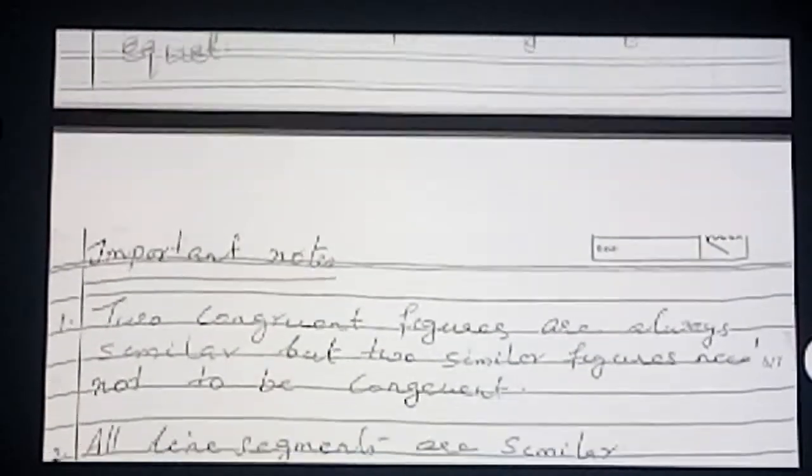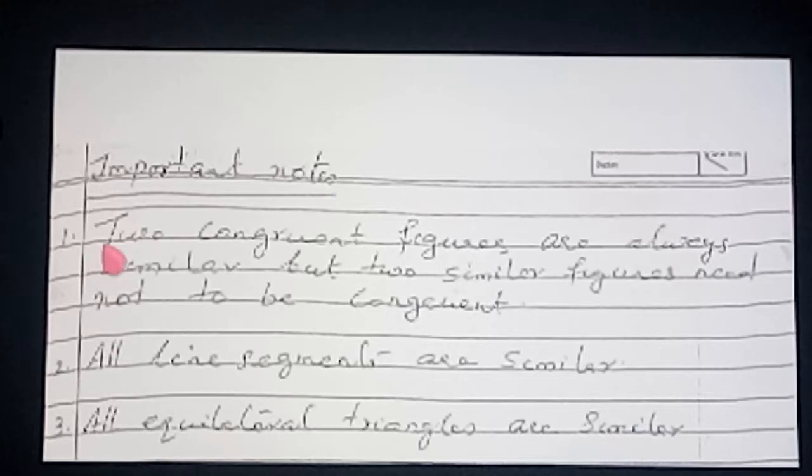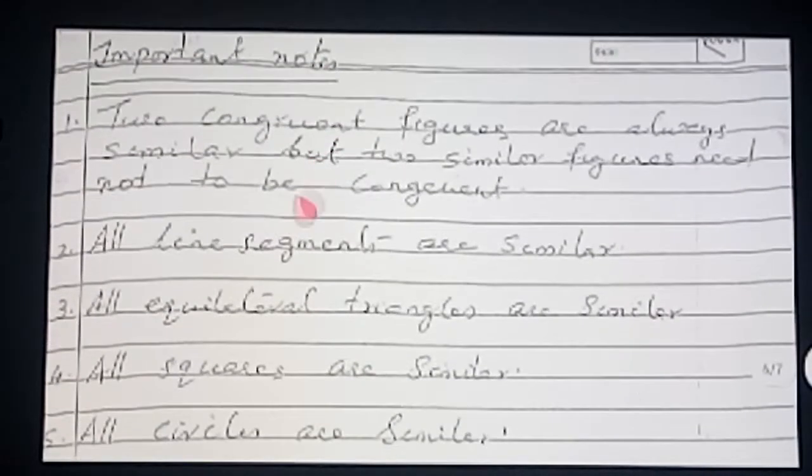Now, next important points, listen. Two congruent figures are always similar, but two similar figures need not be congruent. Second point, all line segments are similar, all equilateral triangles are similar, all squares are similar, all circles are similar.